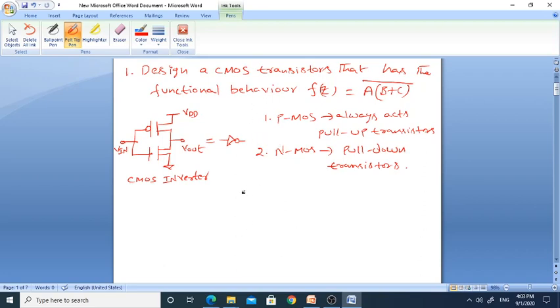And another standard notation is this. If we want to implement an AND function by using PMOS transistors, the transistors must be in parallel.